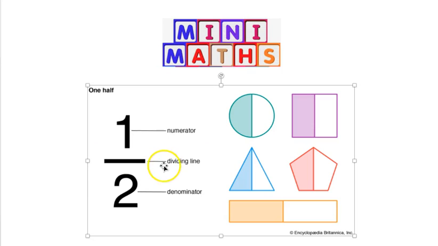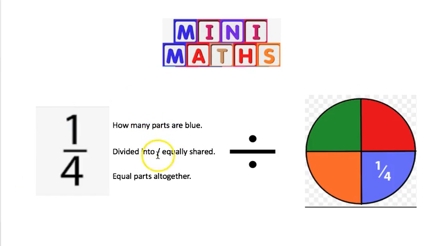I love that word, but all you need to know is this is the part of the fraction that tells us that we're taking one thing and we're sharing it equally into 2 parts. Here is another way of looking at the same principle. We've got 4 equal parts here. Working with one of those parts is a quarter, and of course you've got the sharing equally sign.